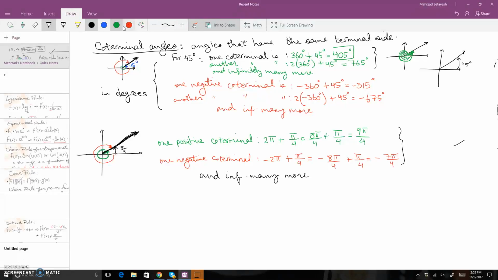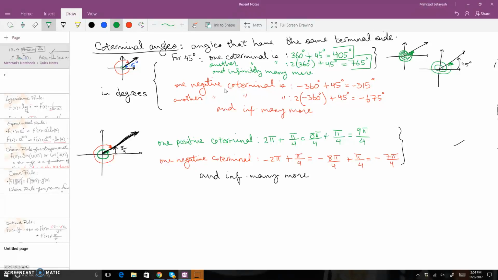Now, if I choose to complete 2 revolutions, here's one full revolution, here's 2 full revolutions, and then add 45 degrees, and again adding because we are moving counterclockwise, then I have 2 times 360 degrees plus 45, and that gives us 765 degrees. So as many revolutions as I want, I can add, and then at the end, just add 45 degrees.